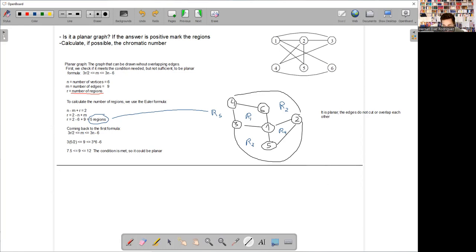And now we are going to see the chromatic number, right? If it's possible to calculate the chromatic number. So first, we are going to start with the upper bounds. And we have also some formula.